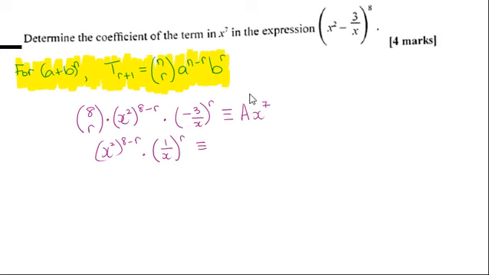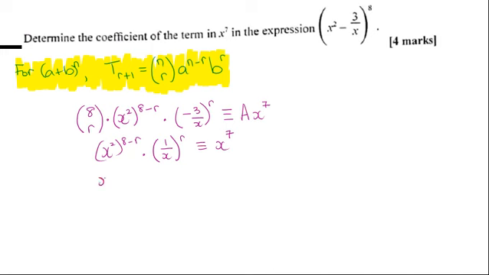And I'm going to ignore the constant. So I want, when I combine these x's, to get an x to the 7. So I need to find the r value that will give me x to the 7.